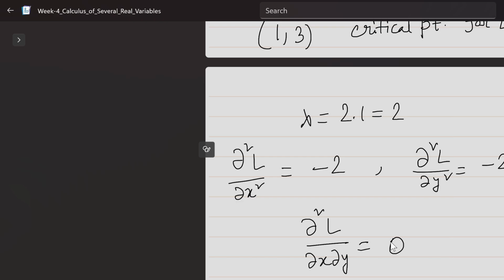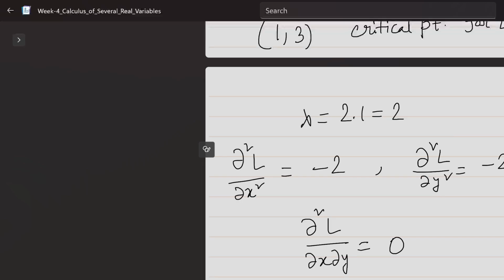So what is your D? Minus 2, 0, 0, minus 2 is positive. And del square L del x square, that is your A, is minus 2, so it is negative. So that means local maximum.